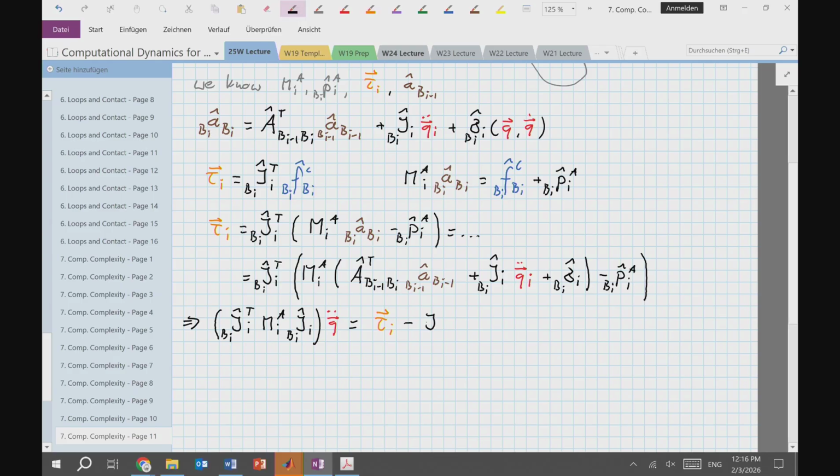And all the rest is going to be Ji hat transposed Bi times, what is all the rest? We have the articulated inertia times the acceleration of the predecessor with the appropriate transformation matrix.